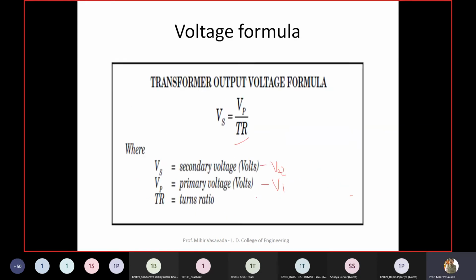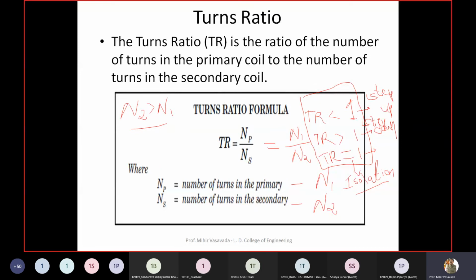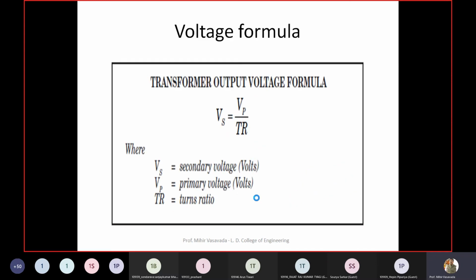Clear? I'm repeating this turns ratio slide again. You can have a look. If any query, let me know. So this is the ratio of the number of turns in the primary coil to the number of turns in the secondary coil.